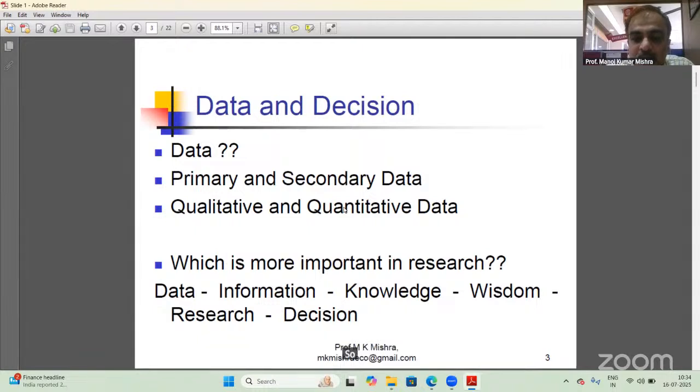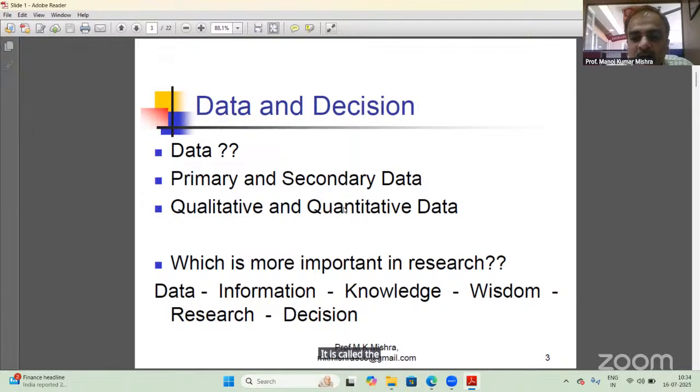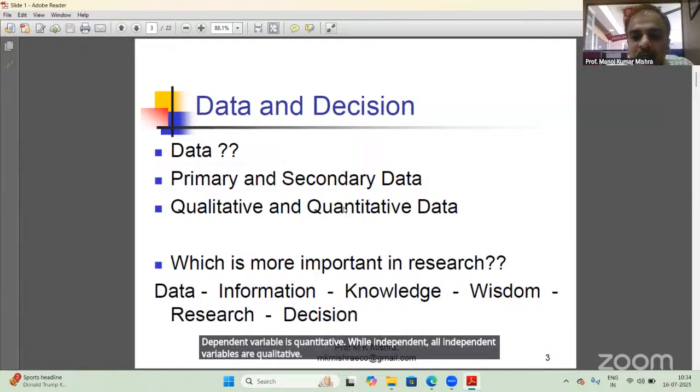If all the independent variables are dummy variables, meaning all the independent variables are qualitative, it is called ANOVA. ANOVA means the dependent variable is quantitative, while all independent variables are qualitative. This is ANOVA.